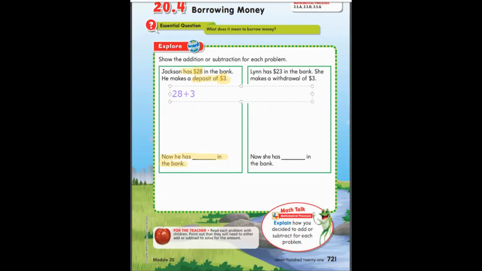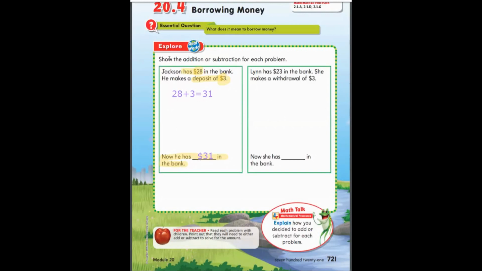So now he has 28 plus 3. 3 is the same as 2 and 1, so 28 and 2 is 30, and 1 is 31. So now he has $31. Okay, that was the first problem.